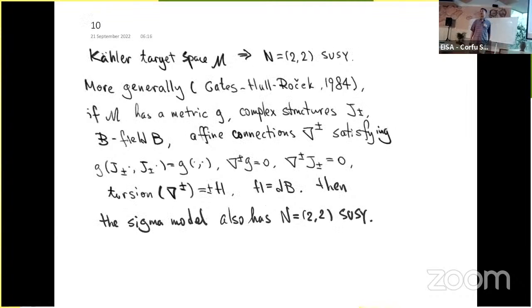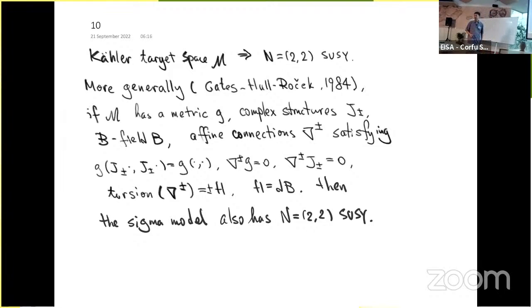Now, in general, let's talk about sigma models in 2 dimensions. The correct amount of supersymmetry, if we follow N=4 in 4 dimensions, is N=2 in 2 dimensions. A sufficient condition to have that amount of supersymmetry is that the target space is Kähler.